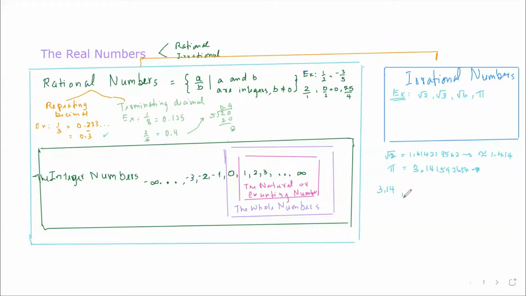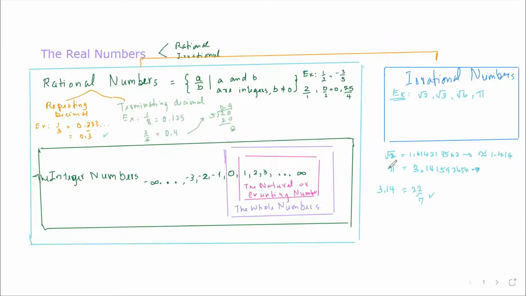Normally we know 3.14, if we write it in fraction form, is going to be 22/7, right? So this counts as rational also, because we write it in this form, and when we write the number only as 3.14, this is a rational number. But if it's pi, it's going to be an irrational number.